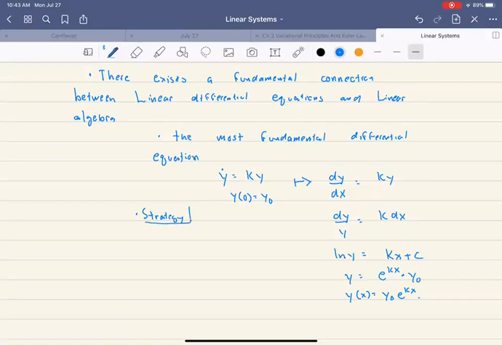And so our strategy is that we're going to have something like y prime equals Ay, and y of 0 given y0. Now here, this is for linear systems. Oh, that shouldn't be an x, that should be a y.